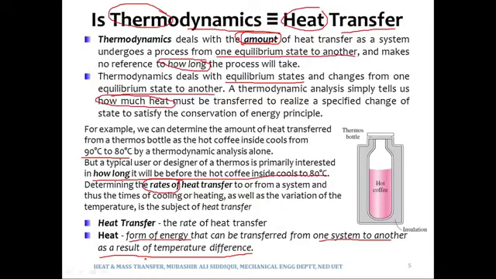A being at higher temperature has higher energy content, and that energy would move from the higher temperature body, from A to B. As a result, the temperature of A will reduce and the temperature of B will gain, because the heat leaving A is being gained by B. So the energy content of body B will increase, as a result of which its temperature will go up.